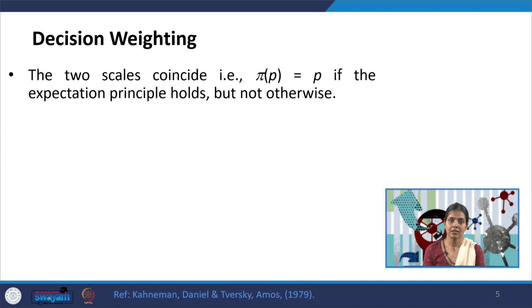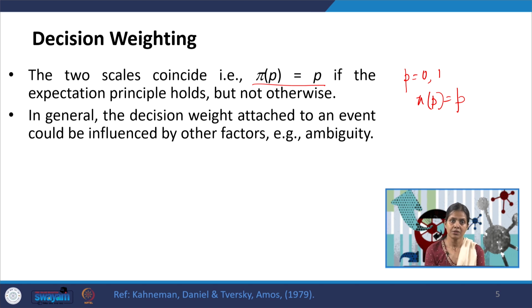The two scales coincide, that is pi(p) equals p, if the expectation principle holds, but not otherwise. Of course, we already know that for p equal to 0 and 1, pi(p) is equal to p, but for any other value of p, the two scales become the same only if the expectation principle holds.